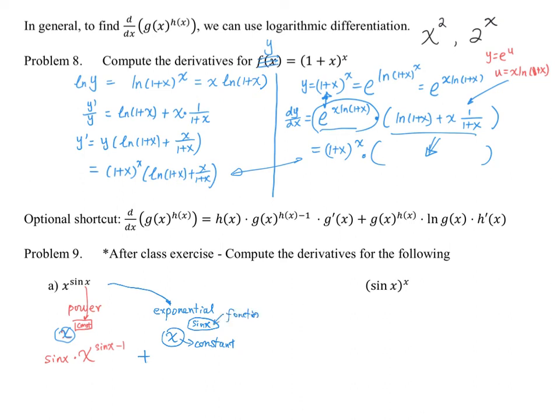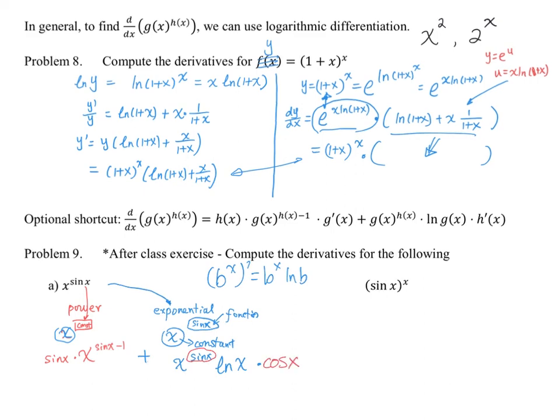So according to the derivative of b to the x, it's going to be b to the x natural log of b. So I'm going to do that: x to the sine x, natural log of x, times the derivative of this inner function, which is cosine x. Okay, so that would be it.